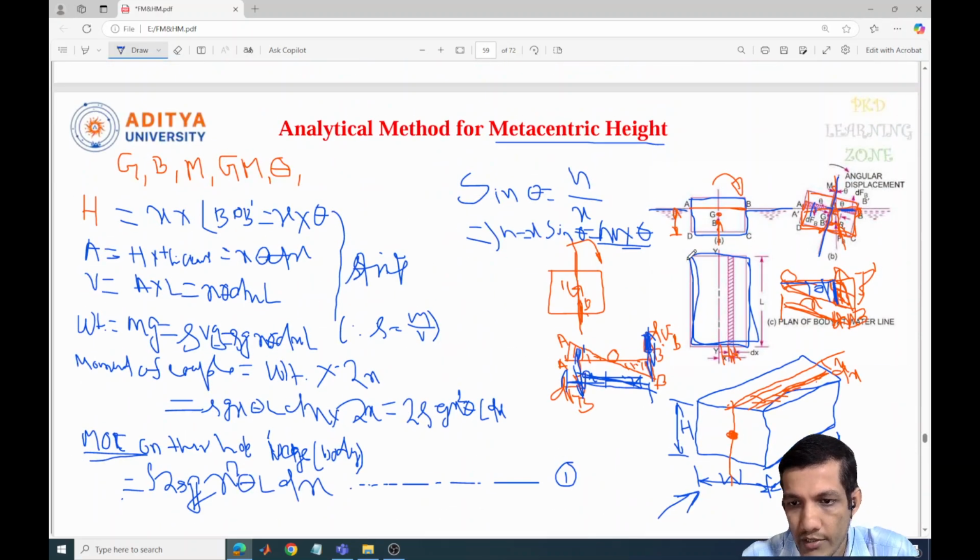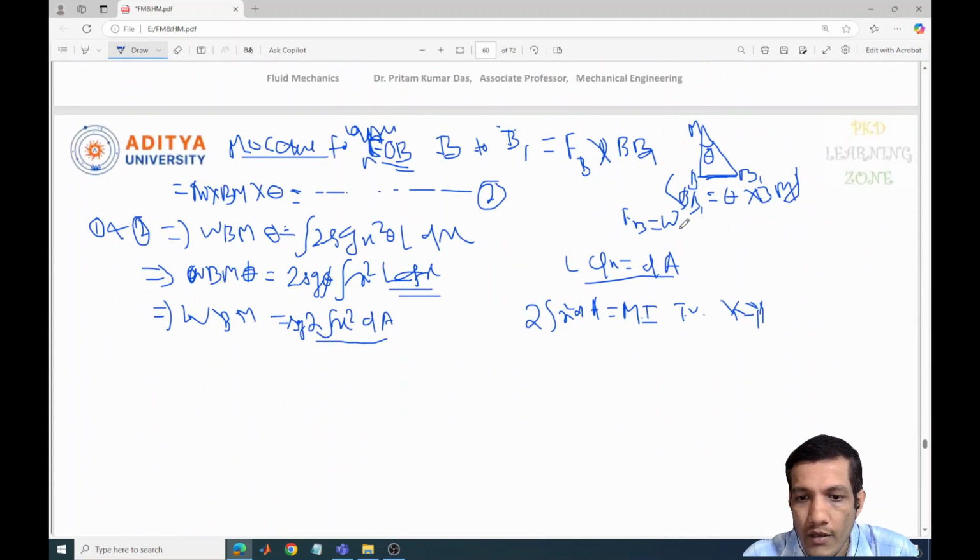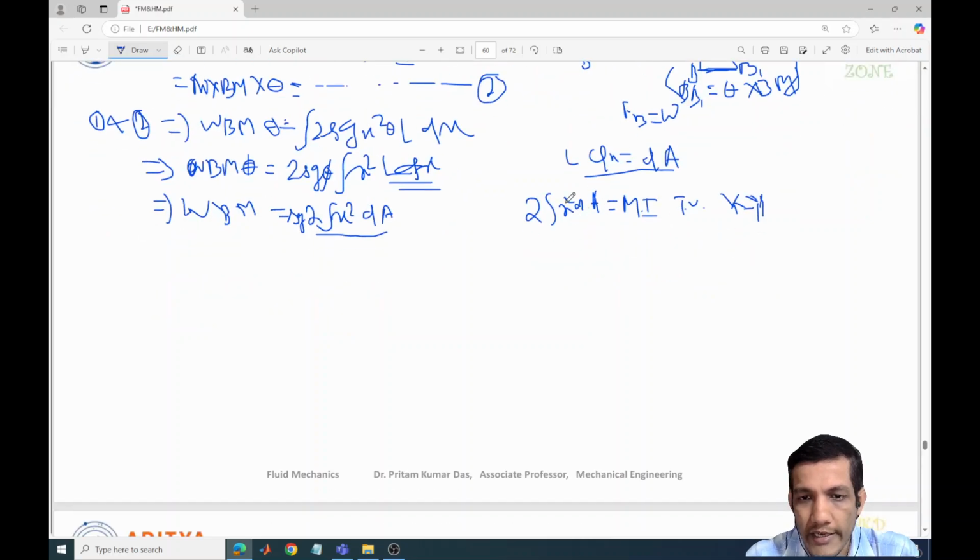If I take this as the top view of the object and this as the y axis, what is the moment of inertia along that? It is 2 into integration of x square dA. So in place of this, the moment of inertia can be marked I.